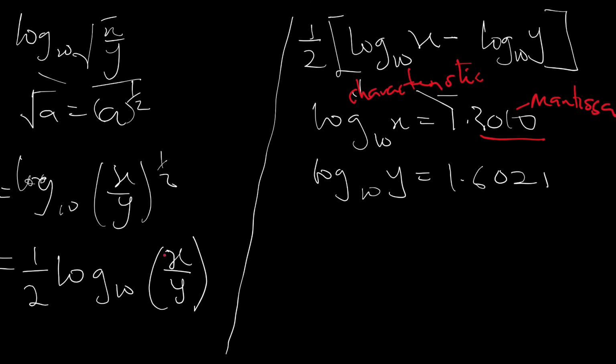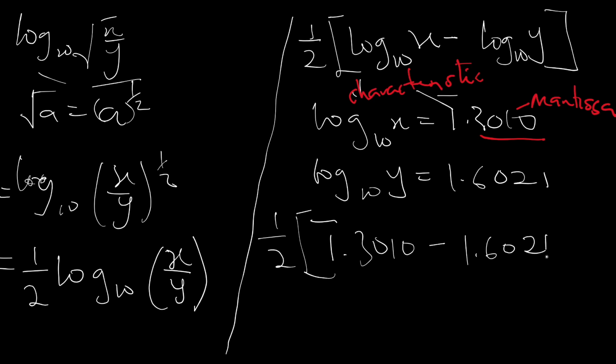Okay, so putting it in our equation, you have 1 over 2 multiplying bar 1.3010 minus 1.6021.